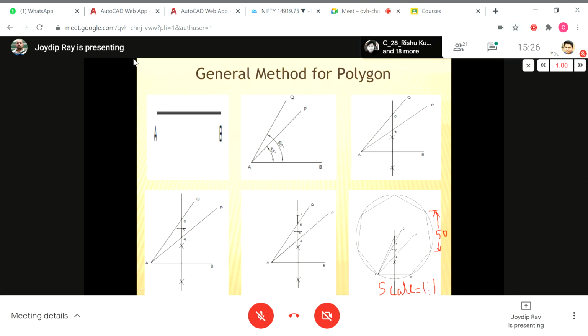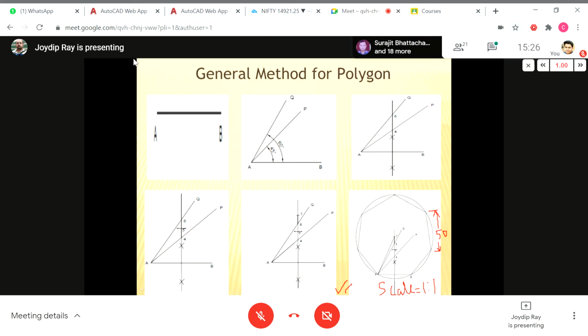That means the actual size of the object we have kept in our drawing sheet. Actual size of the object equals drawing sheet length. That is why we have kept the scale equal to 1:1. And here the dimension we have also shown. Here it is 50. So this is the end of this drawing.